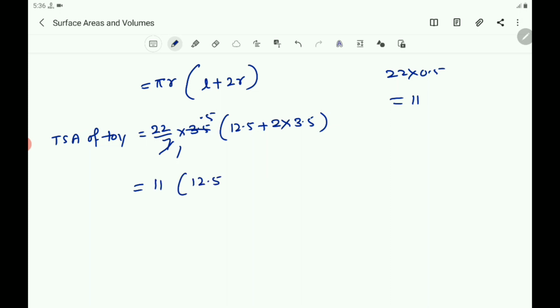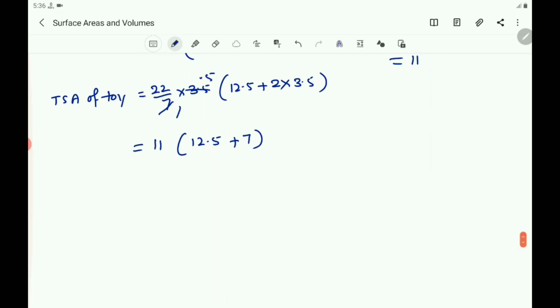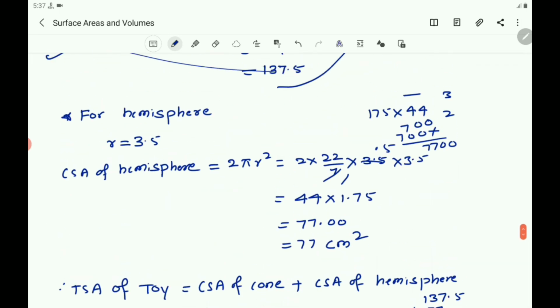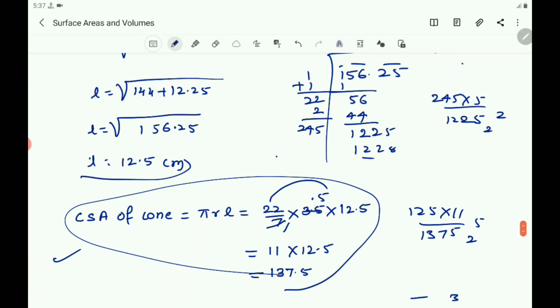So 11 into 12.5 plus 7, that is 11 into 19.5. 11 5s are 55, 11 9s are 99 plus 5 is 104, 11 1s are 11 plus 10, you will get 214 here. So you write 214.5 cm square.